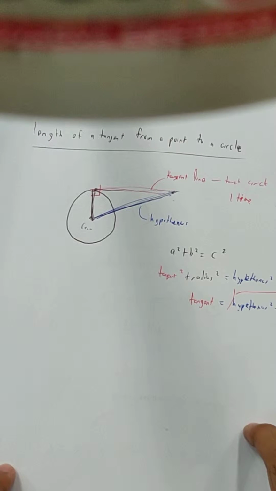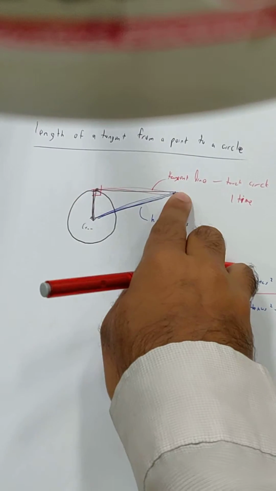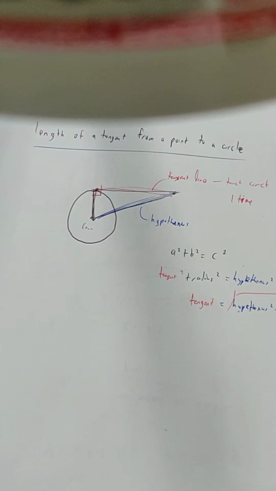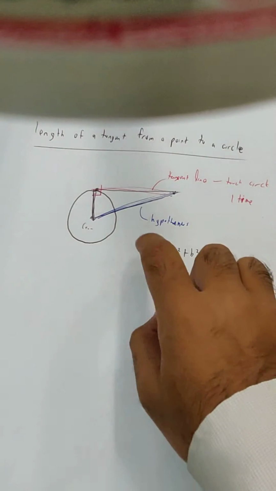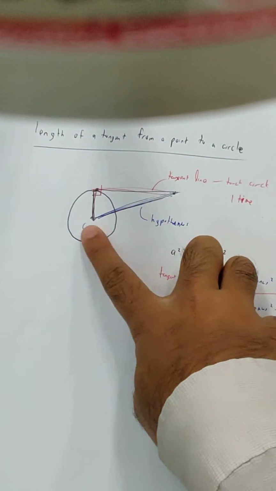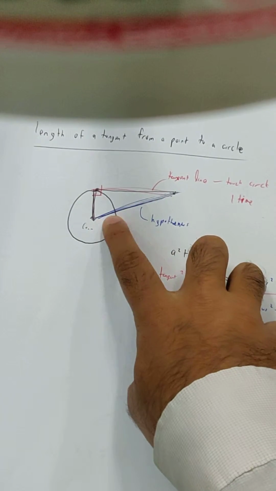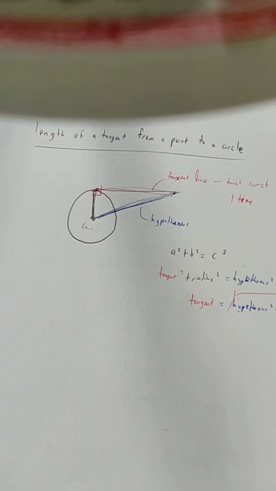You have minus. But what if I ask you something like this? What is your shortest distance from a circle to this point? The shortest distance from this circle to this point. Which one? Is it a tangent line? It's this here, the hypotenuse, minus this radius length.